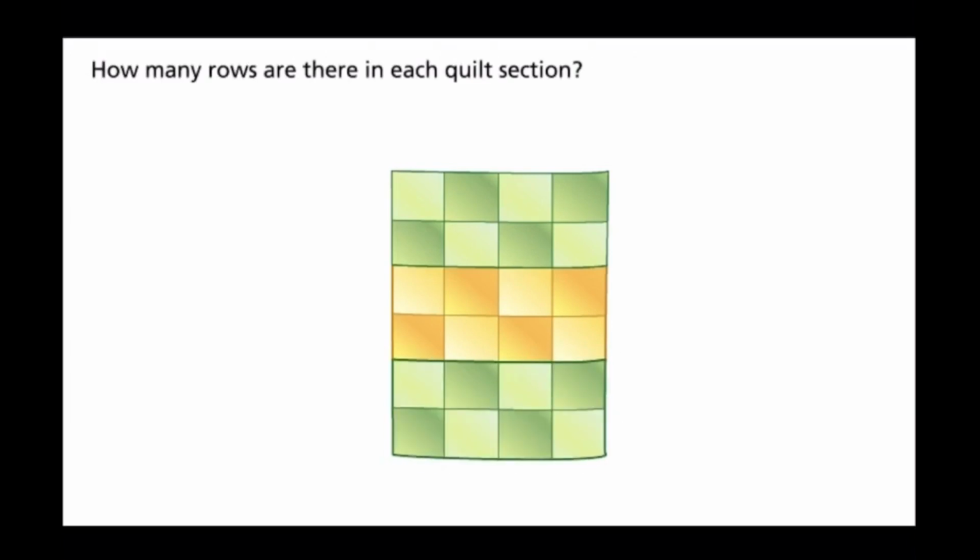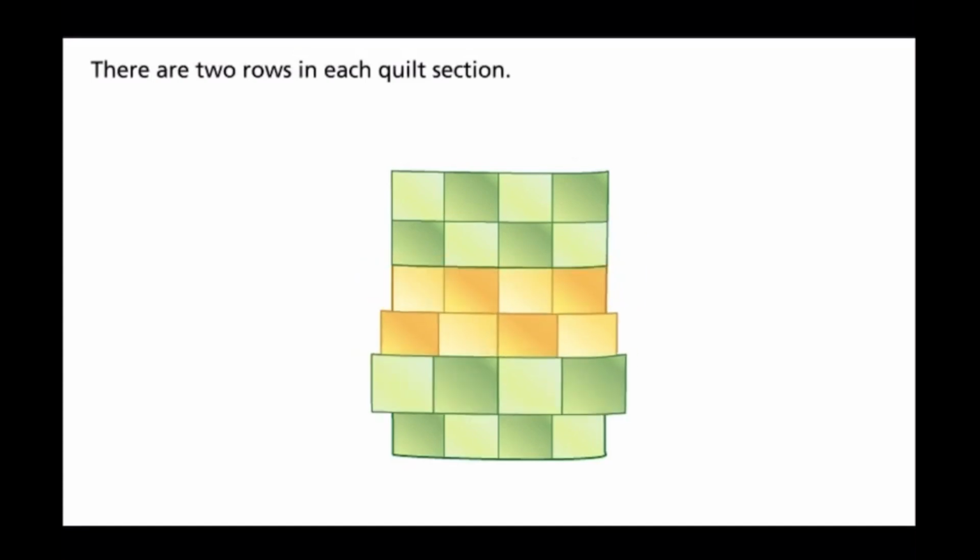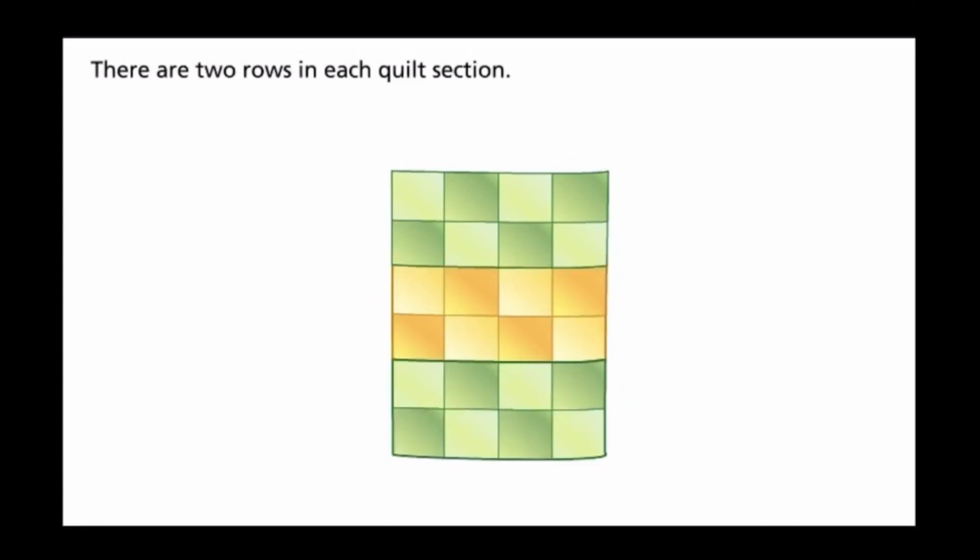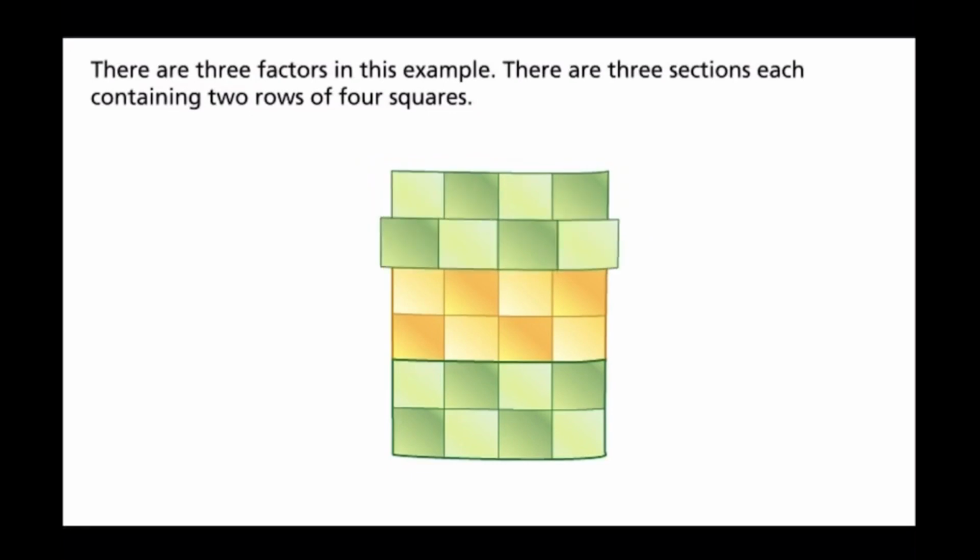How many rows are there in each quilt section? There are 2 rows in each quilt section. How many factors are in this quilt example? There are 3 factors in this example. There are 3 sections, each containing 2 rows of 4 squares.